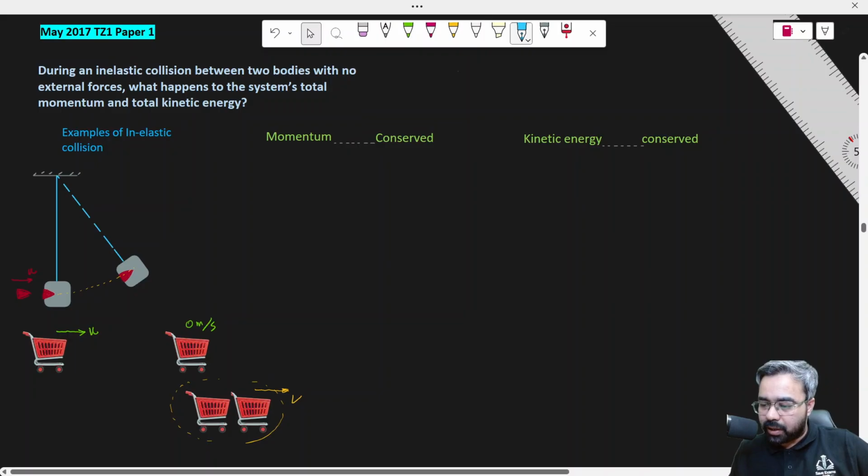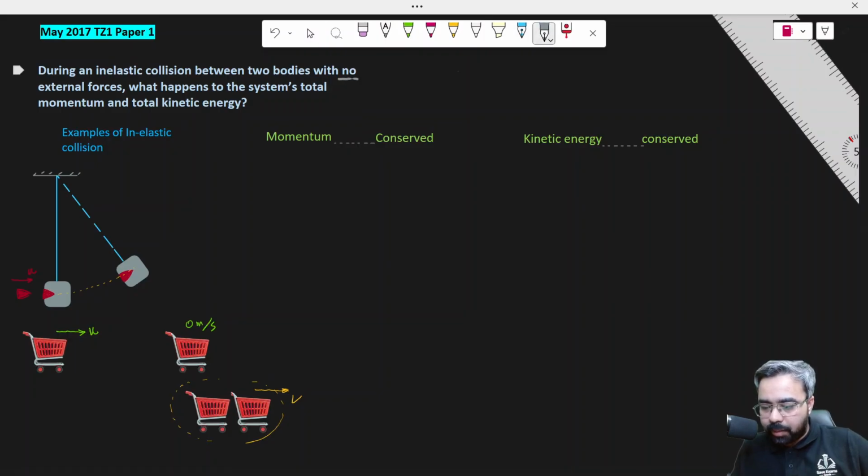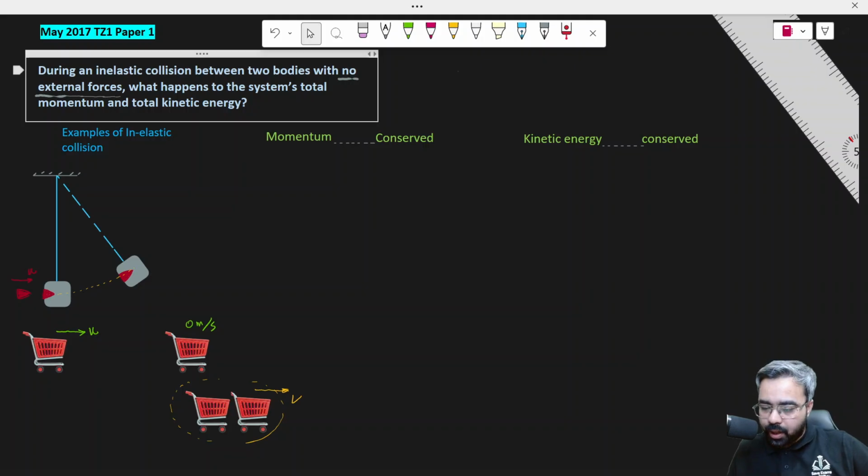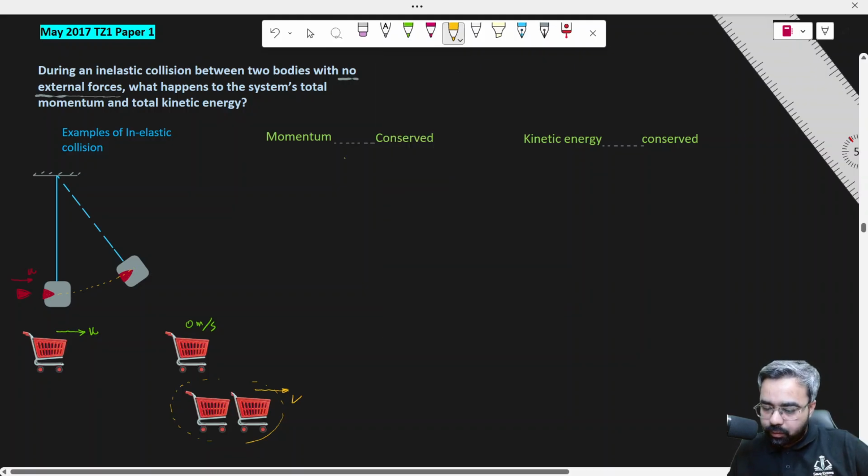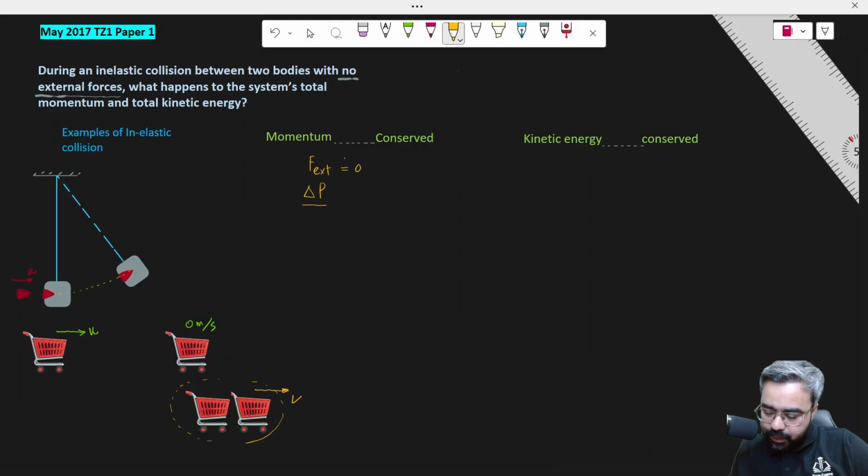We start with the fact that they mention categorically that there is no external force in the question. If there is no external force, it means that the rate of change of momentum of the system should be zero, which means that the change of momentum of the system is zero.